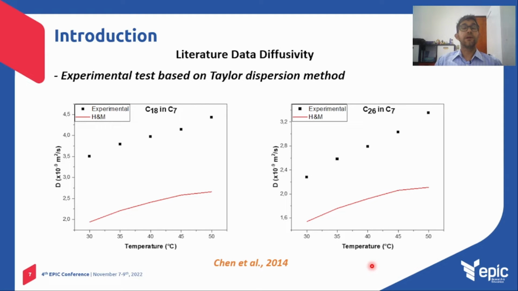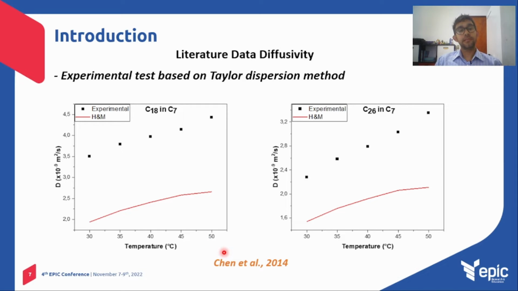We bring again other experimental tests about the diffusivity. In this case, the Taylor dispersion method was used, and the authors measured the diffusivity of molecules with 18 carbons and 26 carbons in ethane. The black points here are the experimental results obtained with the Taylor dispersion method, and the red line is the Hayduk-Minhas correlation.